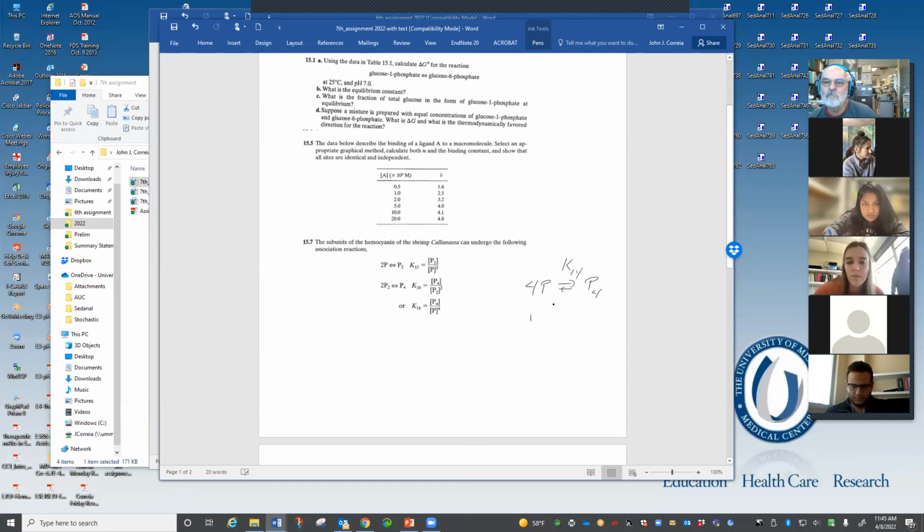All right, but K24 is 2P2 going to P4. So this is K24. All right. And so 4P is going to P4. You could either go directly to P4, or you can make 2 dimers and then go to P4.